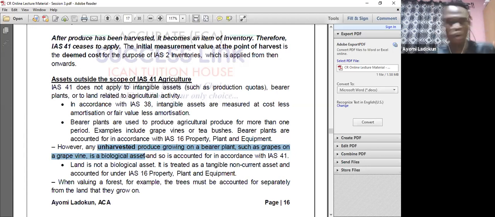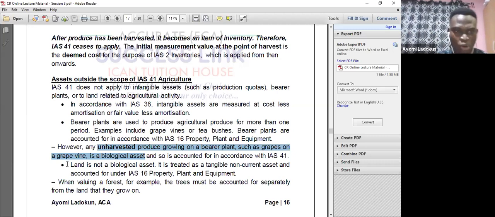You use bearer plant to grow agricultural produce, so all those agricultural produce growing on a bearer plant, you apply IS 41. Once you harvest those agricultural produce from the bearer plant, IS 41 will cease to apply. Then you now start to apply IS 2. That's what we said earlier.